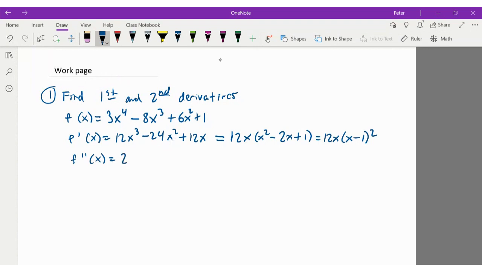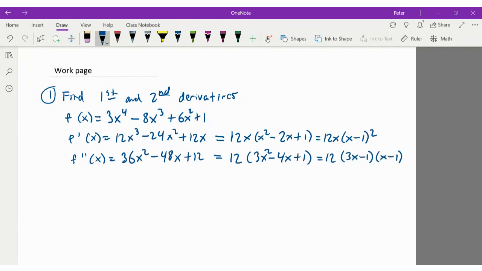So that's going to be, sorry, not 24, 36x squared minus 48x plus 12, which equals 12 times 3x squared minus 4x plus 1, which factors as 12 times 3x minus 1 times x minus 1. Okay, so we now have the first and second derivatives.